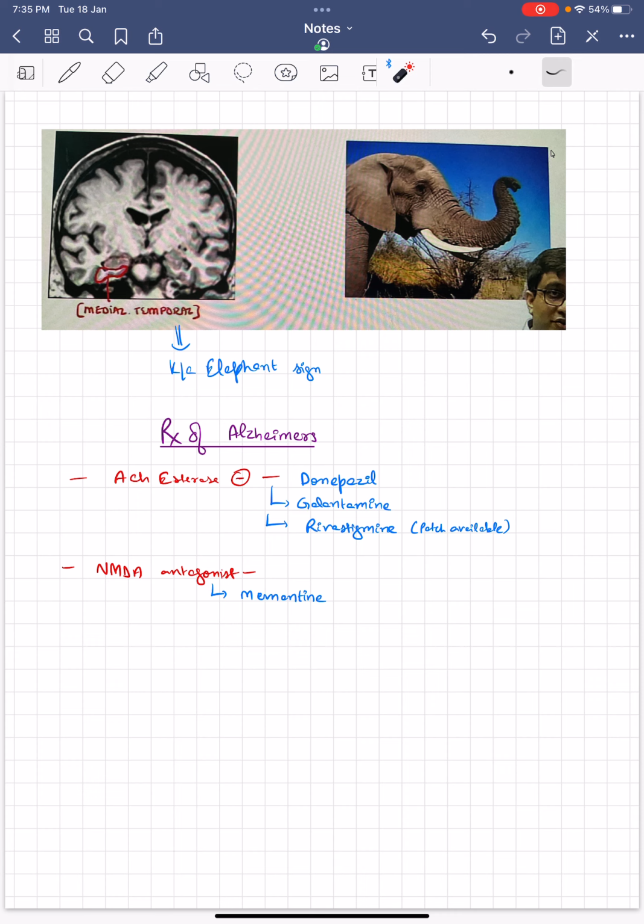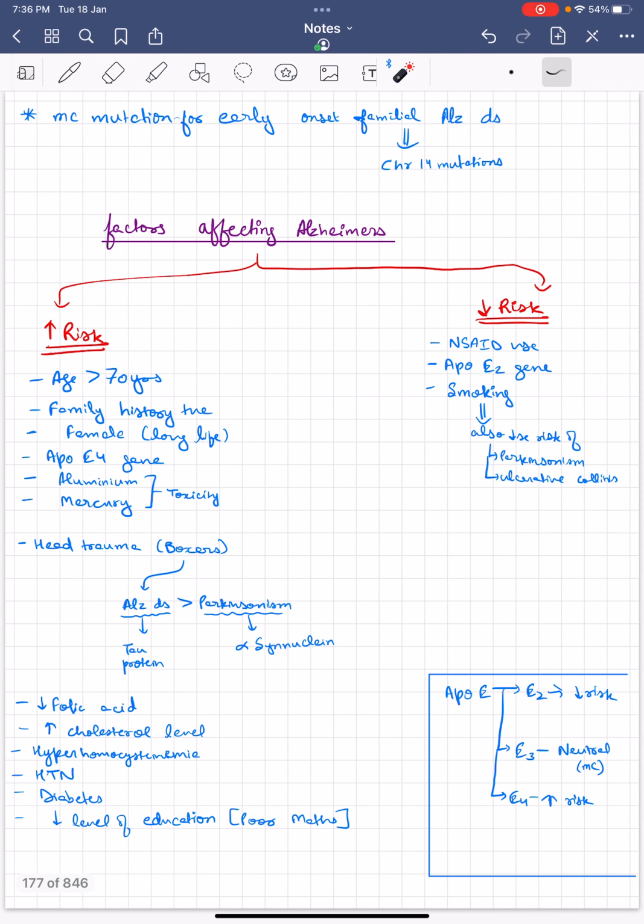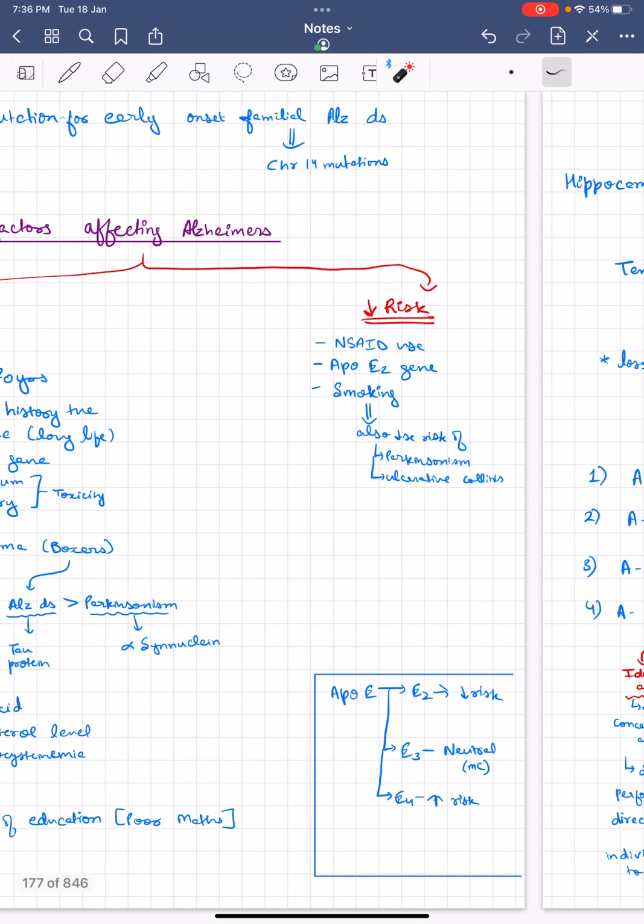Moving on, we calculated the risk factors which caused Alzheimer's. Some things increase the risk and some things decrease the risk. The things that decreased were NSAIDs, smoking, and an ApoE2 gene.